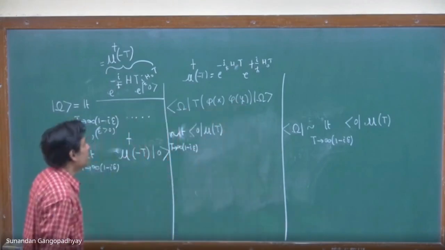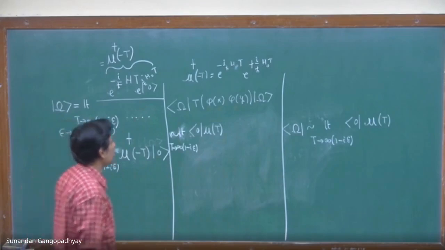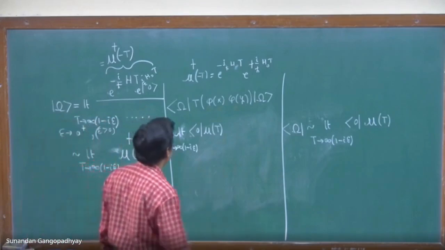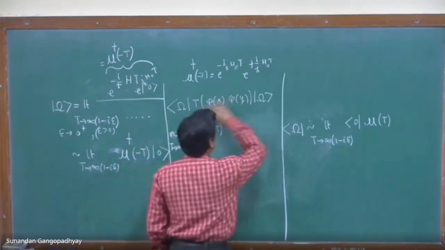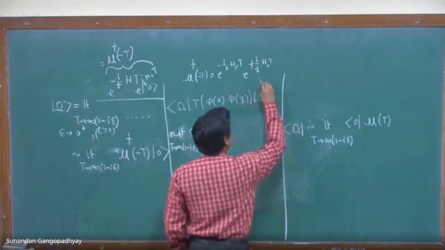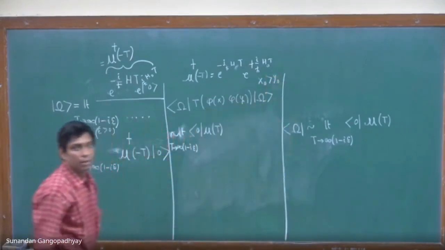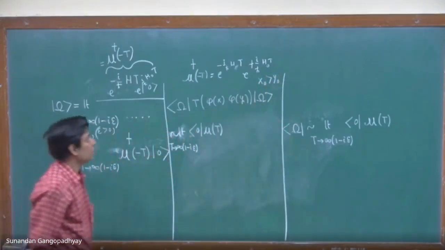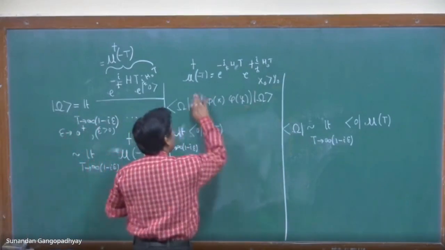So what is this time ordered product? Let us see what this is. Before calculating this, what we shall assume is that let x naught be greater than y naught. Then this time ordered product, basically you can remove the time order T from here.